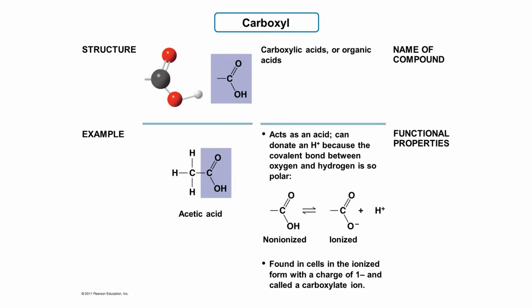All right, so our next functional group is a carboxyl group. A carboxyl group is also referred to as a carboxylic acid or organic acid. We've come across this particular functional group in class. We've talked about acetic acid in class.